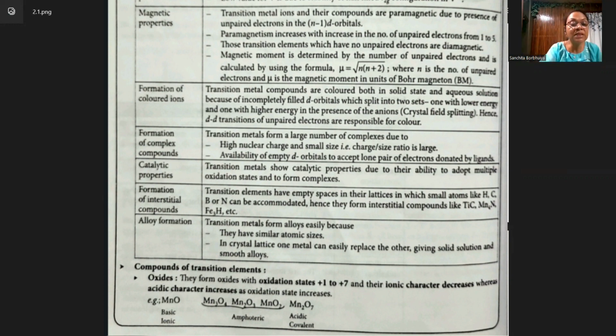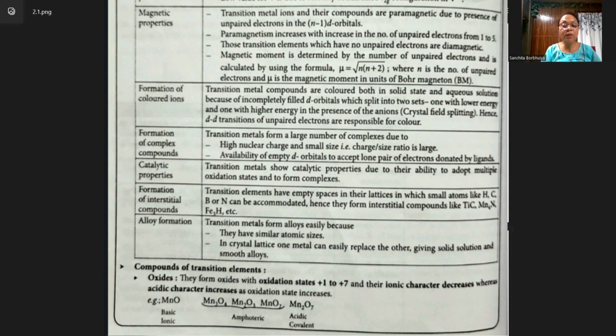I have given these examples where MnO is basic. It can behave as a base because it is ionic. And the rest, Mn3O4, Mn2O3, MnO2, are amphoteric, where manganese has higher oxidation states, and Mn2O7, where manganese is in the +7 oxidation state, because it's a covalent compound, is acidic.